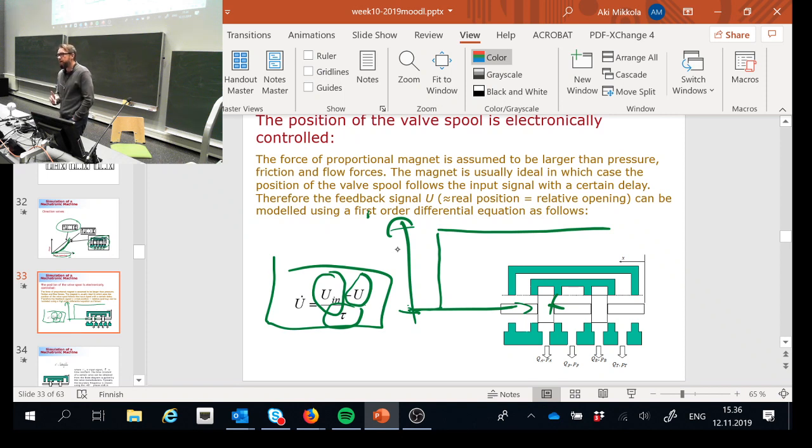And the spool cannot jump from one location to another location, but it follows with a certain delay. So this first order differential equation will introduce this kind of delay. How long this will take is defined by this time constant, tau. And that's the one we can get from the manufacturer's catalog again.